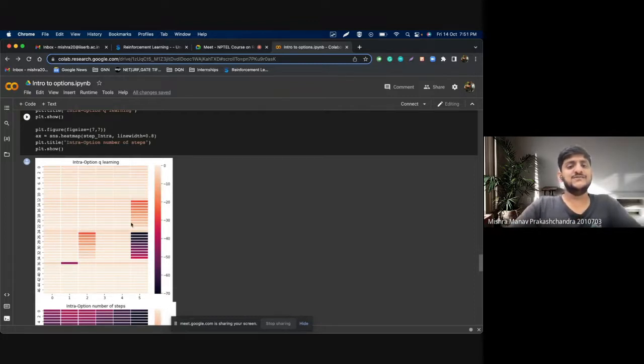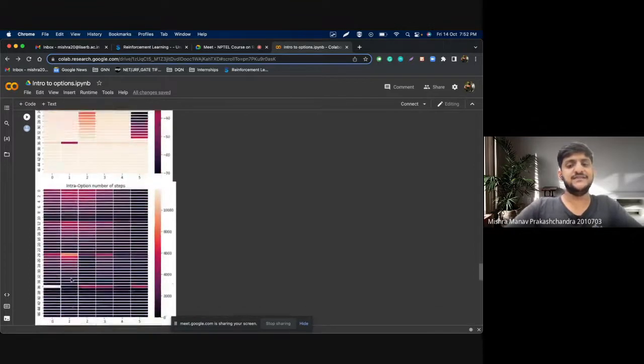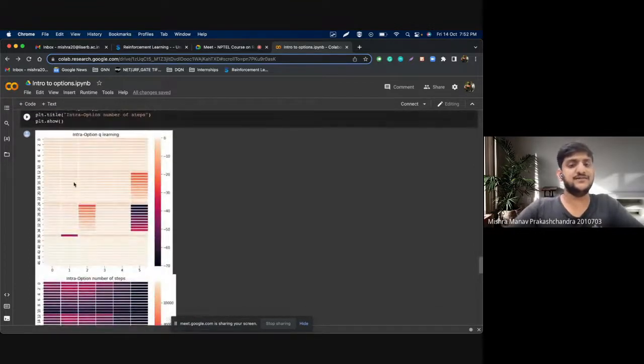What you see here is that whenever I am at state 36, I am always required to take the up action, right? So that is getting highlighted here. Rest of the states haven't been visited sufficiently enough to make any sort of conclusion.